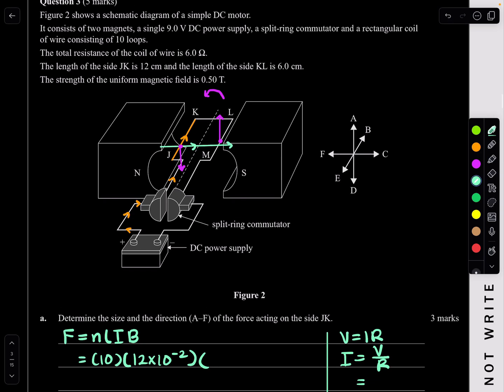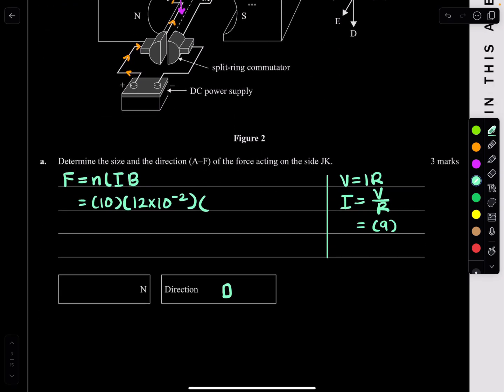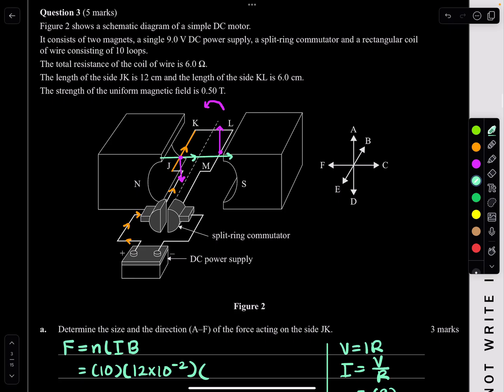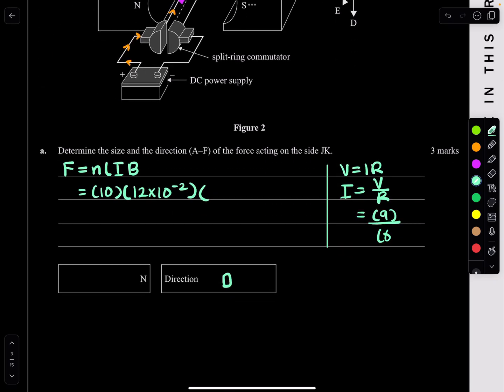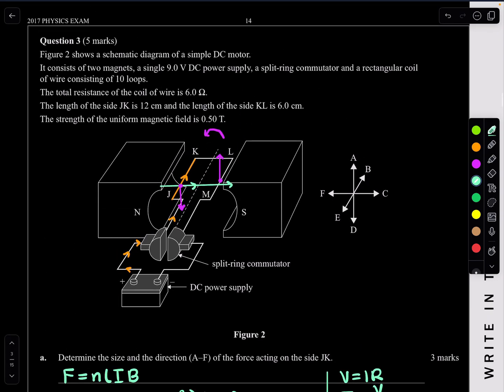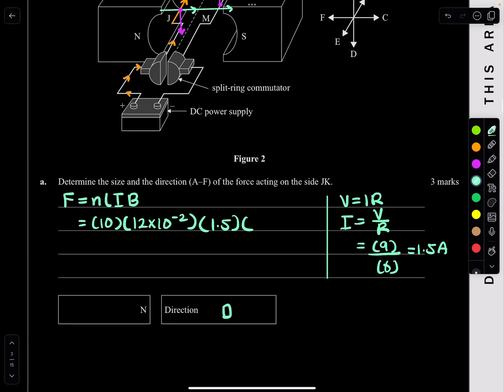We said it was 9 volts. So it's 9 divided by your resistance, which is 6 ohms, which gives us 9 divided by 6, and that gives us 1.5 amps. So put that there. And times your magnetic field strength, which is B, which is 0.5.